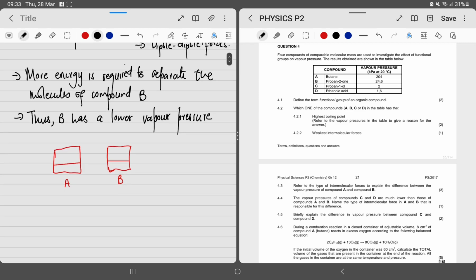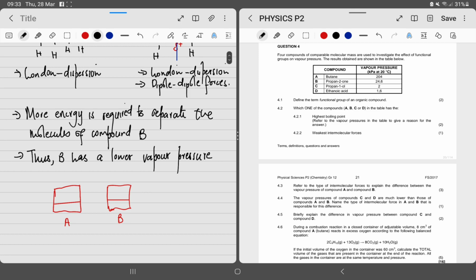We are saying that the intermolecular forces of A, which are the London dispersions, are easy to break, right? So if these two are placed on a stove and we turn the stove on, A is going to boil much faster. So it means that we will have more gas formed there. And if we have more gas, it means that the gas will exert more pressure on the walls of the container compared to B, which is going to reach its boiling point far later on.